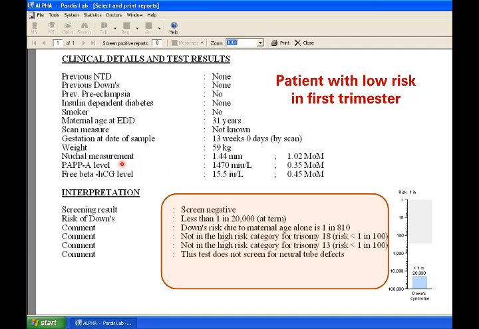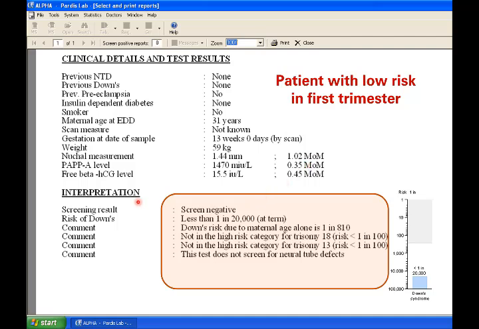Then the measurement for each protein or hormone is written here also. PAPP-A level, free beta hCG, which is compared with the multiple of median in the population. So you have to have a population median, which is calculated for the population. Each population varies.